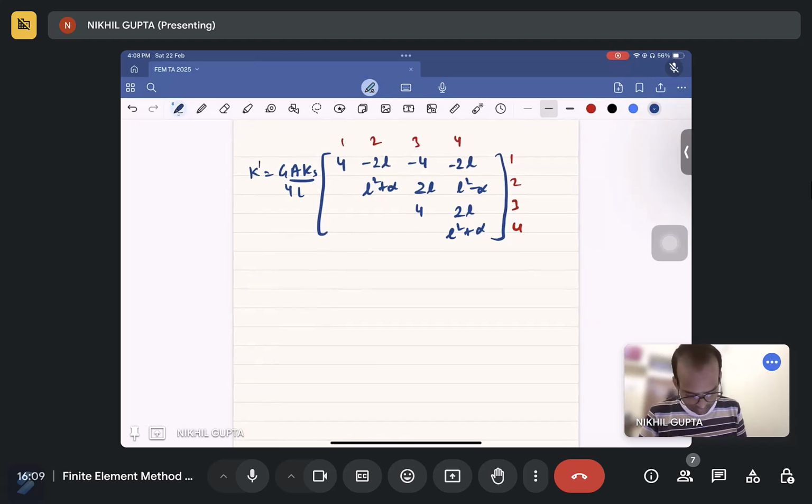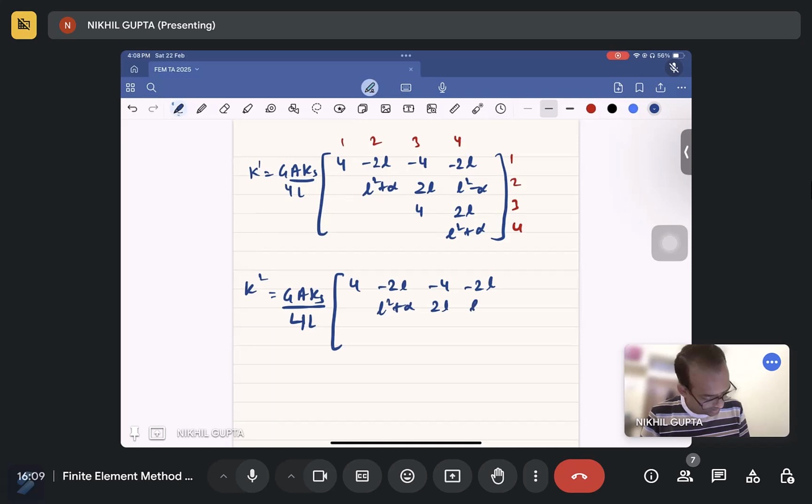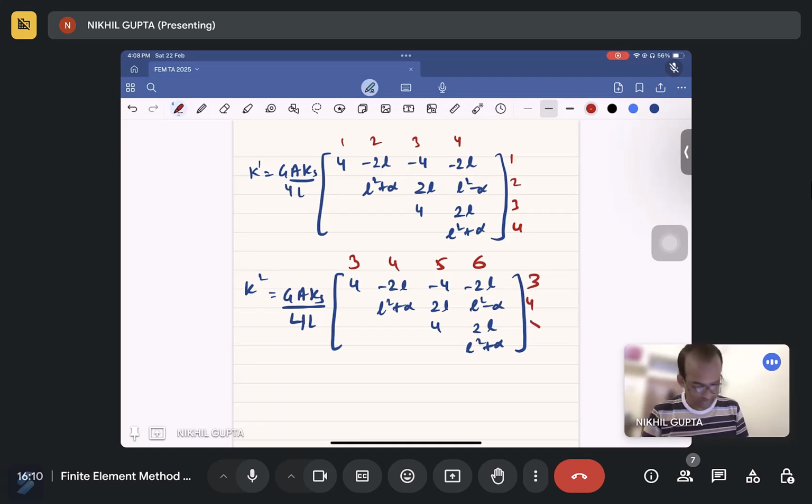For element 2 the values will be the same, which will be 3 4 5 6 and 3 4 5 6.